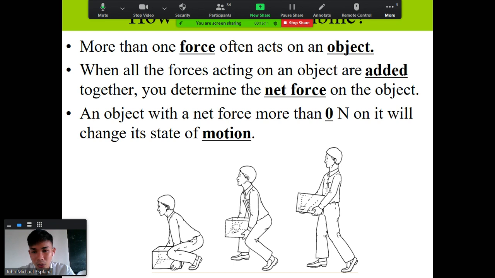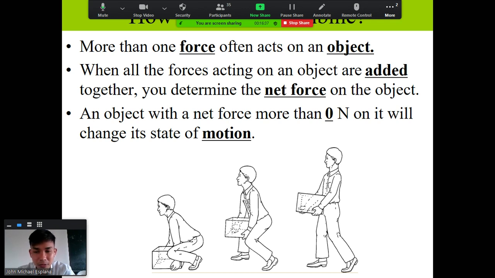Okay? So an object with a net force more than 0, so that means 1, 2, 3, 4 hanggang infinity, more than 0 Newton on it, it will change the state of motion. Sabi ko nga, pag sinabing motion, a change from an object's position.